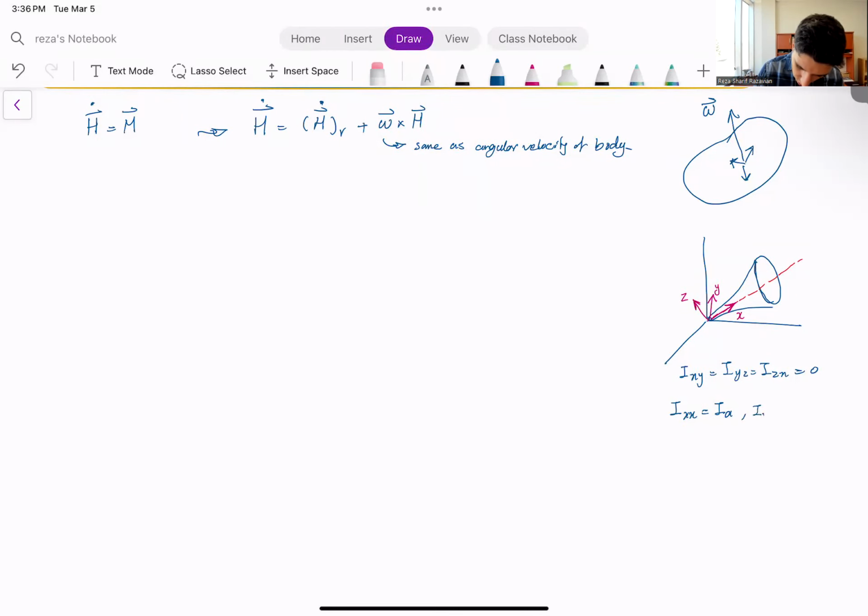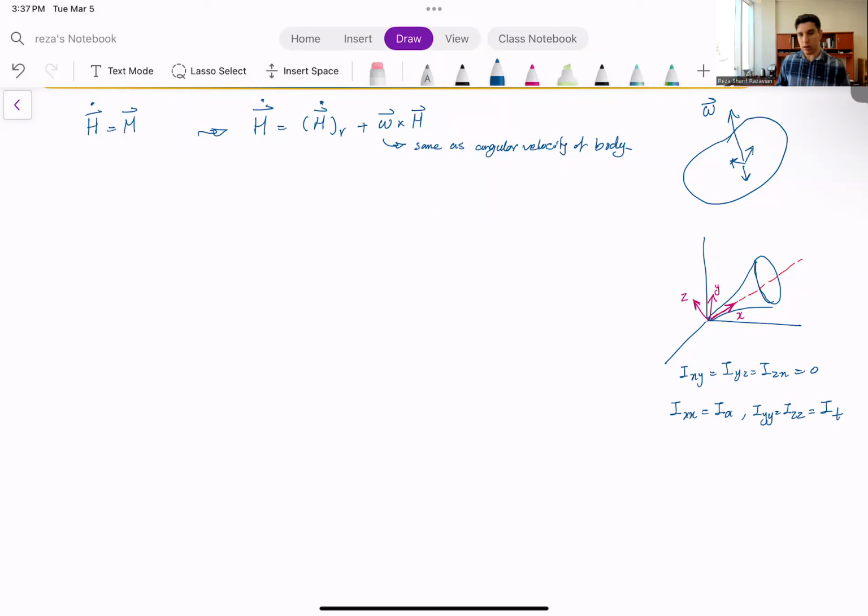And the other two, Iyy and Izz, because they are looking at essentially the same thing, the moments of inertia about these two axes are the same, and let's call it It. So that is the moment of inertia of the system.